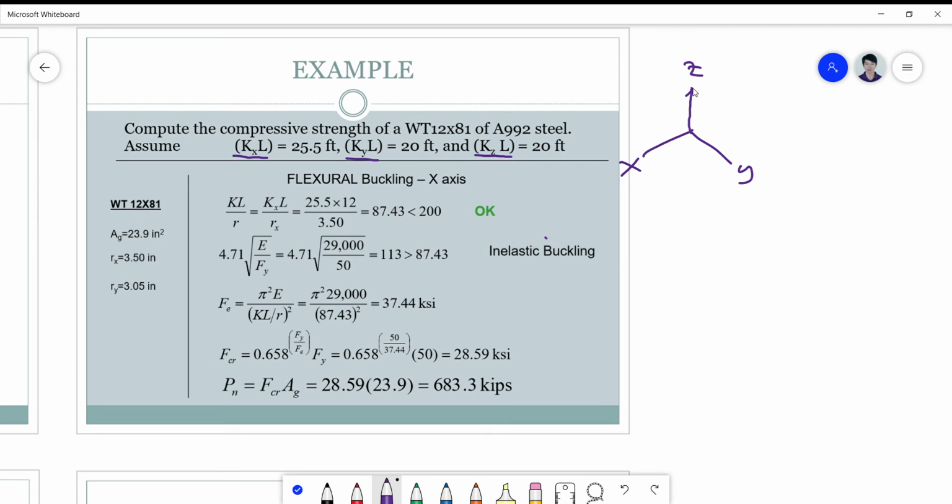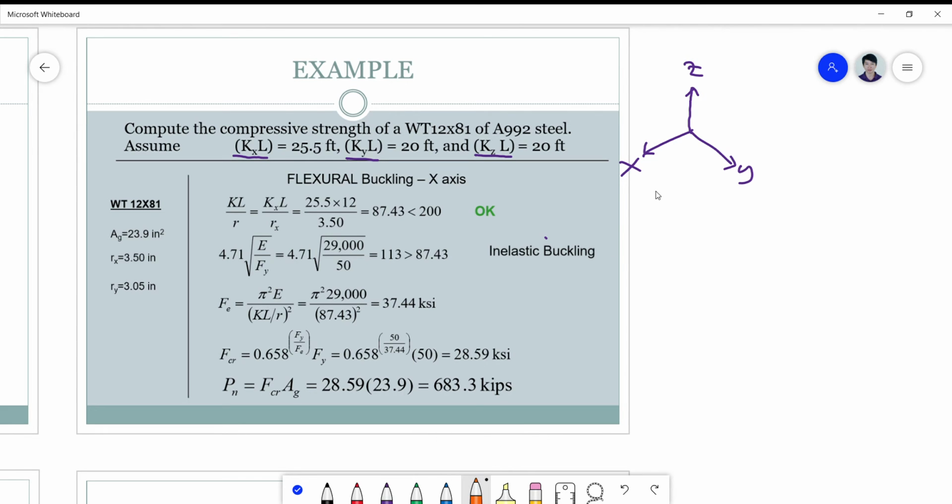Okay, wherein your z-axis is actually directed along the longitudinal axis of the member, passing on the centroidal axis of the section.